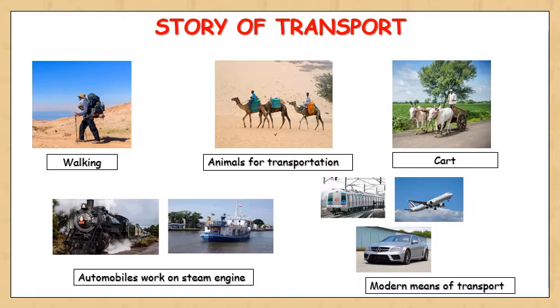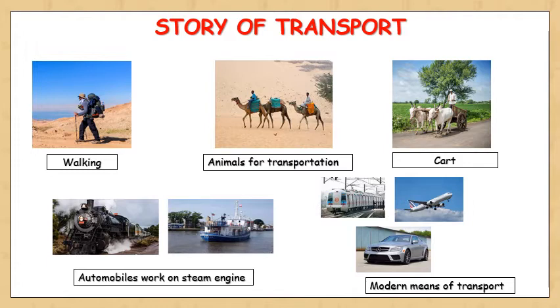Then the invention of wheel took place. And you know, it brought about many changes. Now carts pulled by animals were used to travel from one place to another. And this wheel is now the basis of all vehicles like bicycles, scooters, cars and motorcycles.